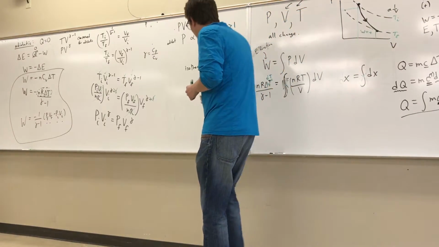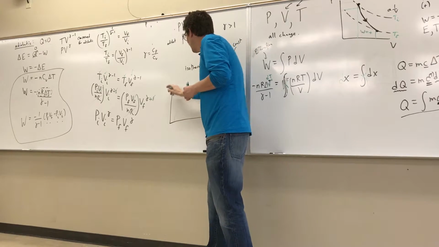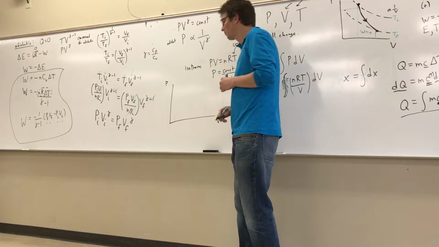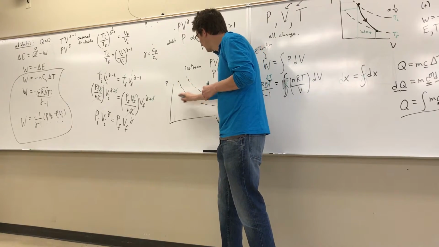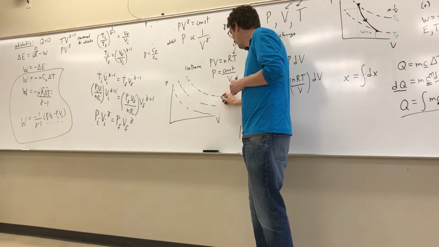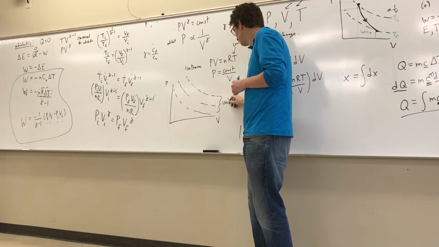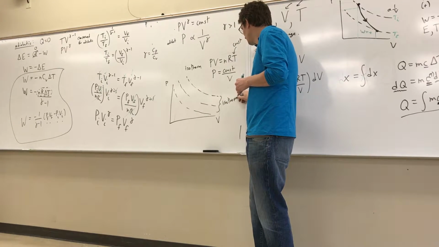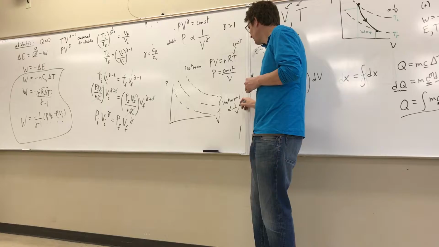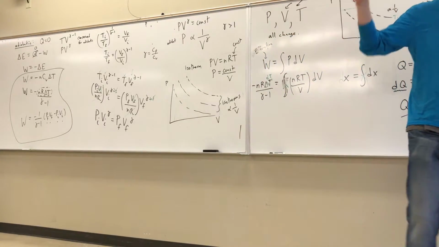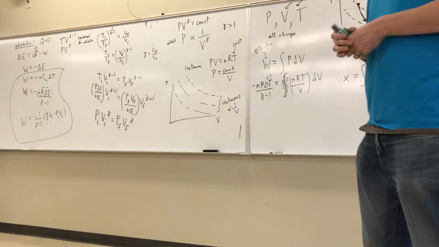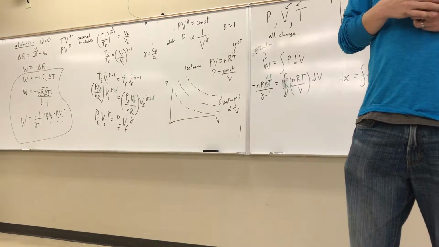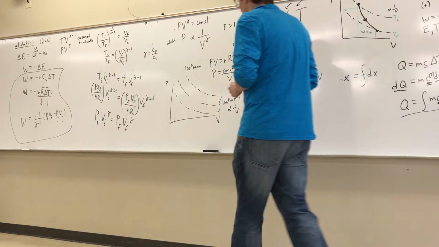So, in fact, let's go ahead and make ourselves a PV diagram. We can mark ourselves off a bunch of isotherms like this. These are the isotherms. They're proportional to 1 over V. That's why they're curved like that. They're like your classic y equals 1 over x functions. But we can also put ourselves a bunch of what we call adiabats.